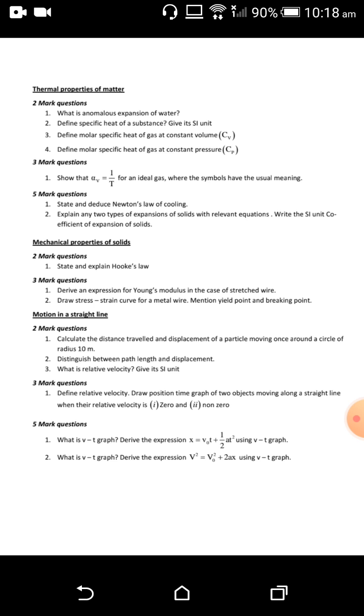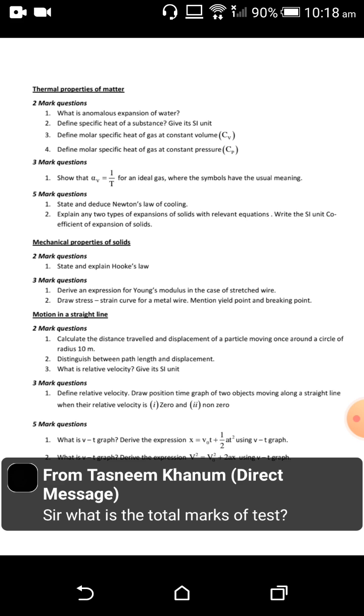The questions we are discussing now cover the maximum expected questions from the final examination. I said only maximum, not exactly 100%. 80% it covers, 20% can be asked apart from these questions also.